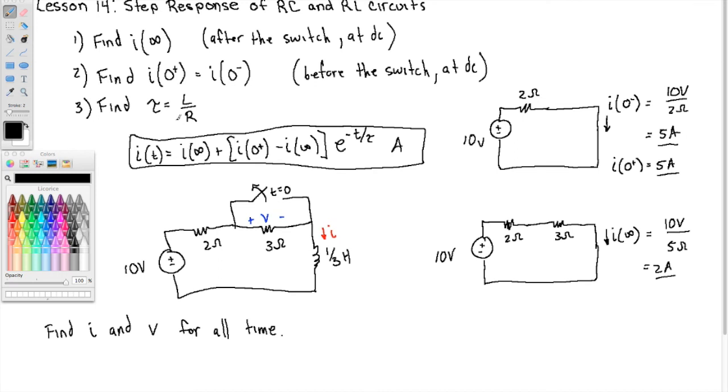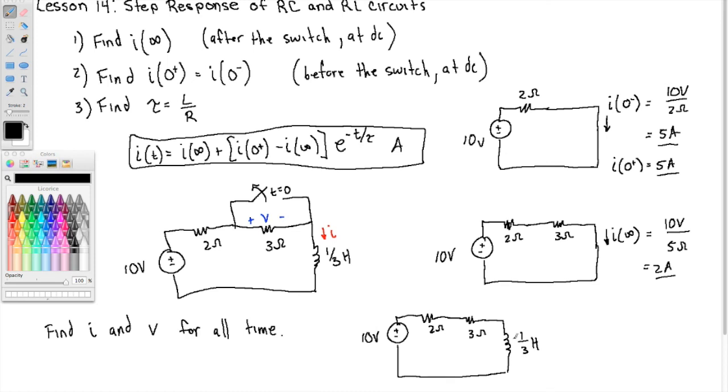So step 3, then, let's find the circuit time constant. And remember, this is after the switch now. We want to know, how does it go from 5 amps to 2 amps? So after the switch, again, our circuit looks like this. As the circuit is running its course, we ask ourselves, how much resistance does the inductor see?